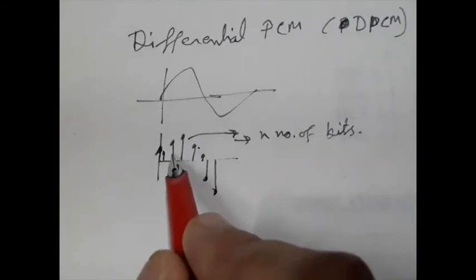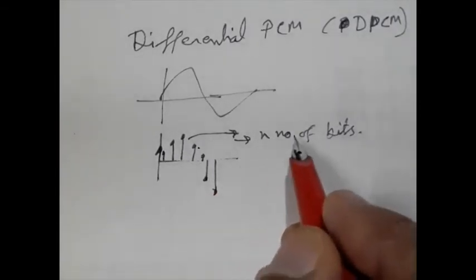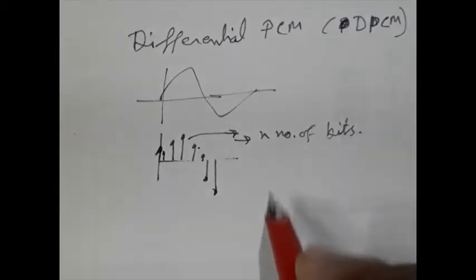So if we have 7 samples, then we have 7 into n number of bits to be transmitted in a PCM system.